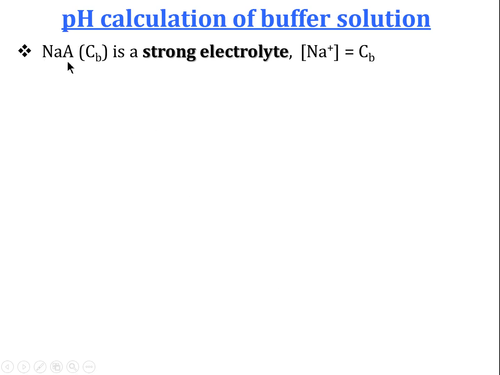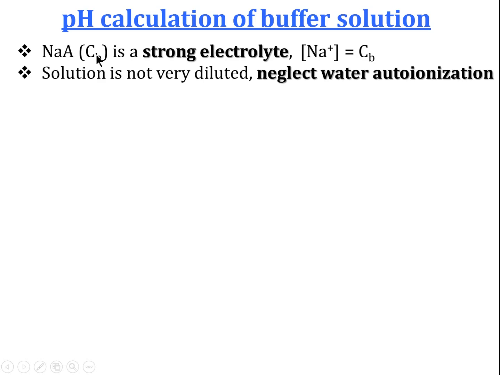Since NaA is a strong electrolyte, with no value of Ksp given for NaA, it will dissociate completely to Na+ and A-. In this case, [Na+] in the solution is equal to Cb.